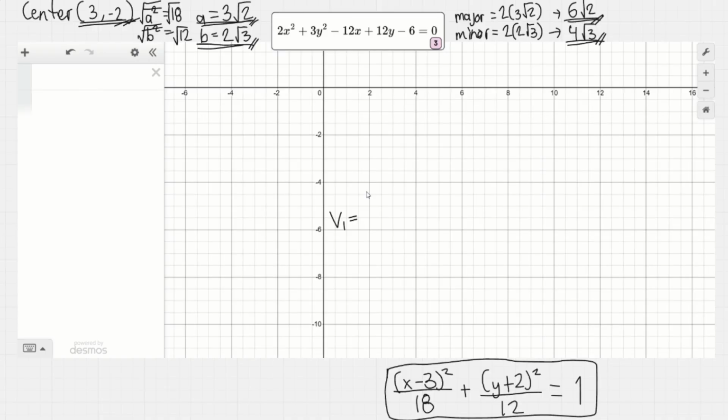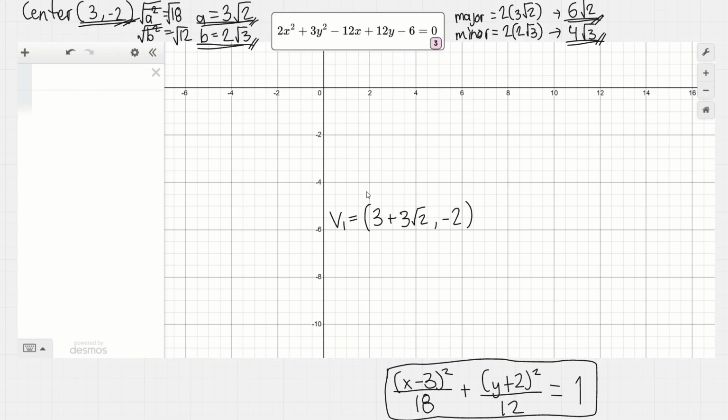So we know that the ellipse is horizontal because we have 18 and it's bigger than 12 and it is under the x minus h squared term. So our vertex will have an x-axis change. So let's go back to our center. 3 plus the value of our a, square root of 2, comma, negative 2.